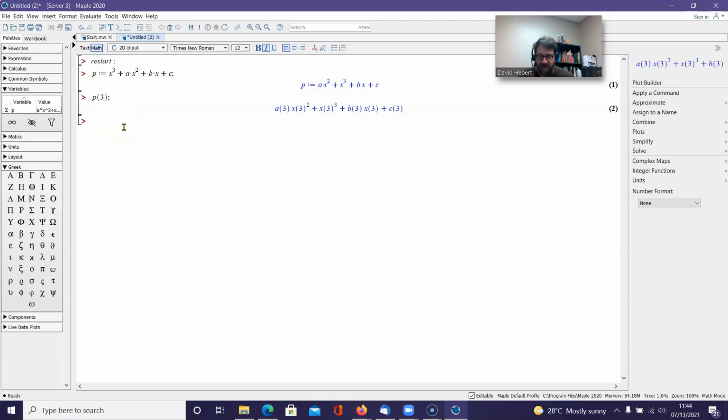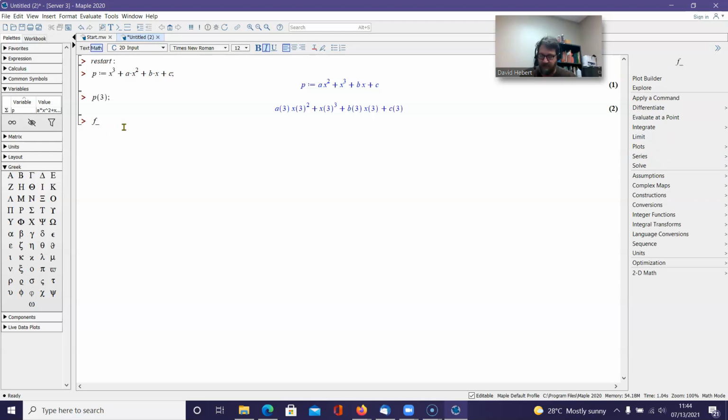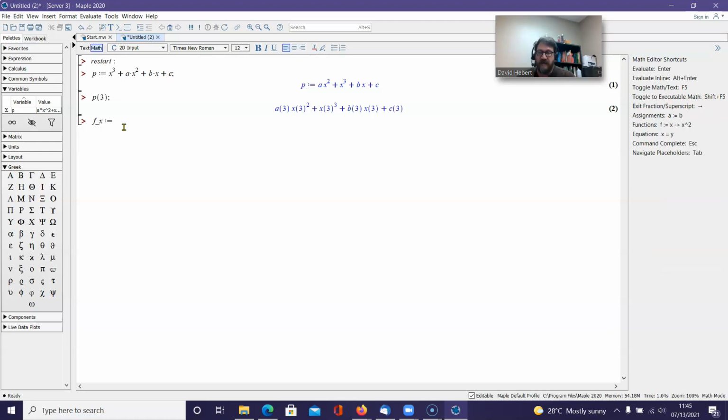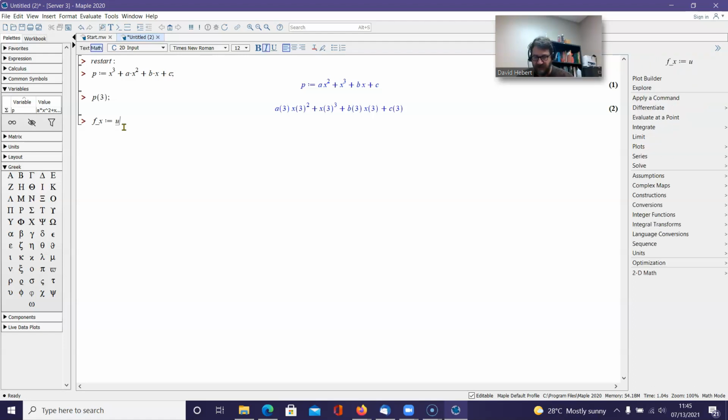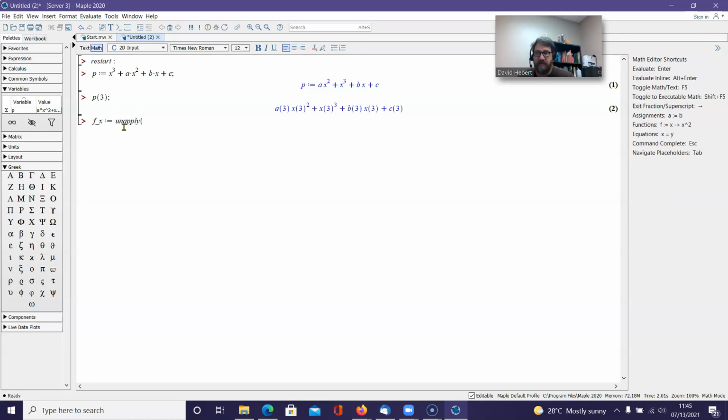All right, so now I'm going to do something else. I'm going to say F, and I'm going to put an underbar x, which is going to be assigned. What I want to do is assign a function. So I'm saying this is going to be a function of x, and I'm going to use a command called unapply. I don't really know why they call it unapply, but they do. And I'm going to put P, comma, x.